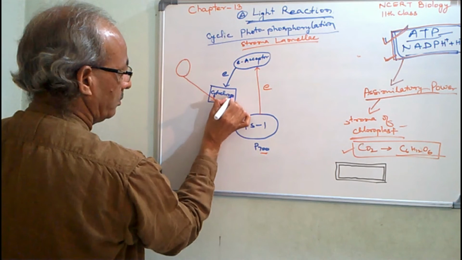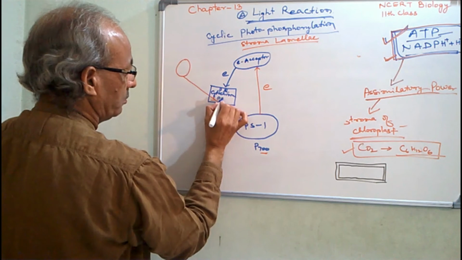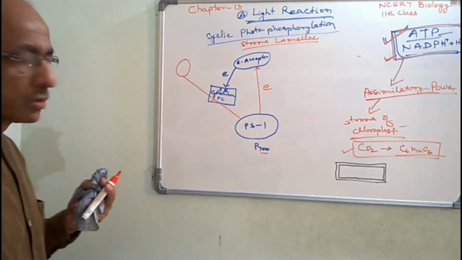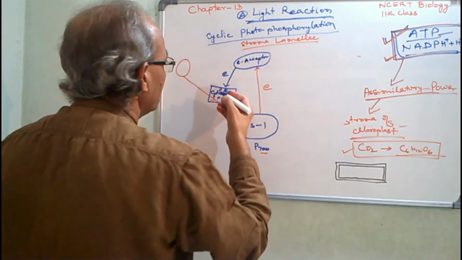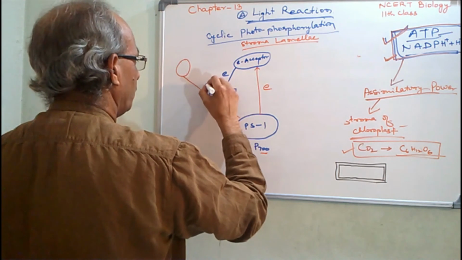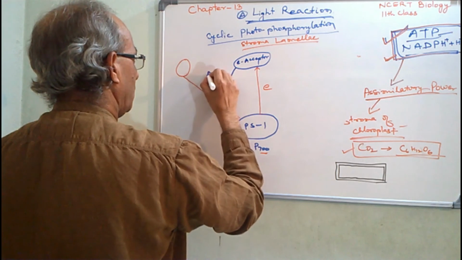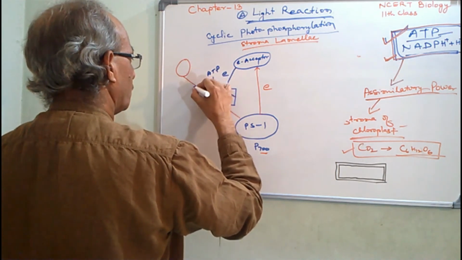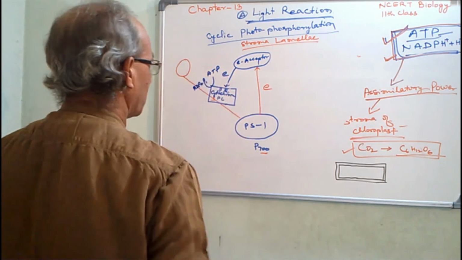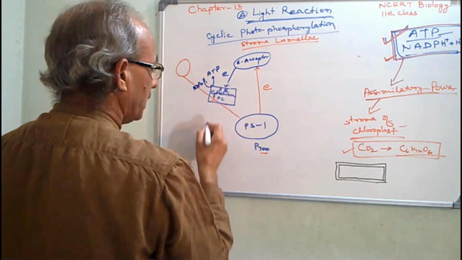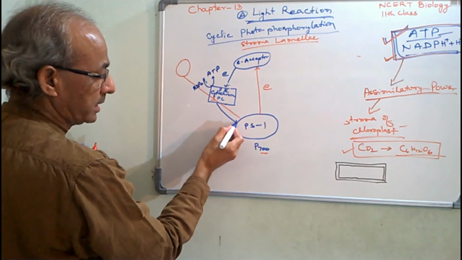cytochrome, phytoquinone, or cytochrome. And here, just similar to non-cyclic photophosphorylation, ATP is generated from ADP and inorganic phosphate, and thereafter the electron returns back to photosystem first again.